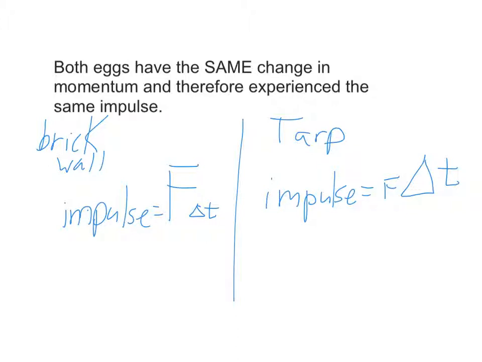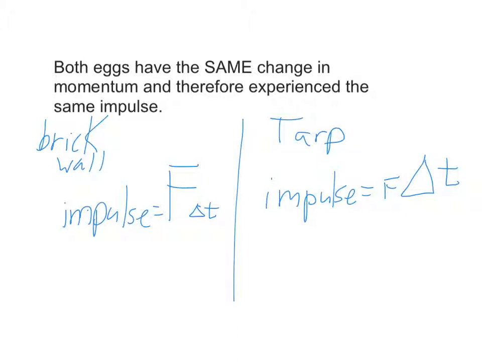So you can get the same impulse by having a large force and a small time versus a small force for a large time. And that's how they both had the same change in momentum, but one egg broke while the other one did not. It was specifically what manipulation of force and time occurred in order to make that impulse possible.